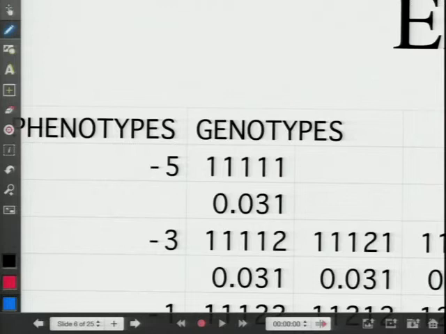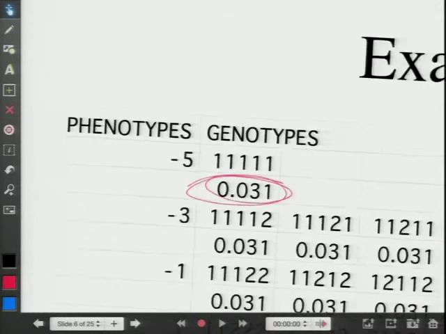You have to get all 5 of the -1 alleles, so at the A, B, C, D, and E loci you have to get the negative allele. If each of them has a probability of 50%, each one is at 0.5, then this is 0.5 times 0.5 times 0.5 times 0.5 times 0.5, which is the probability of getting that phenotype, and if you do that really quickly in your head, that's 0.031, right?